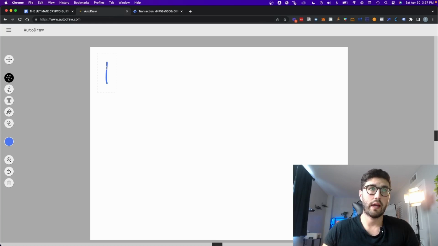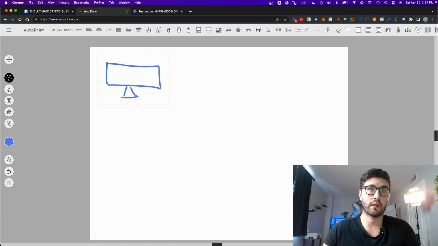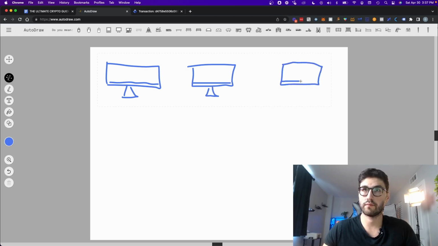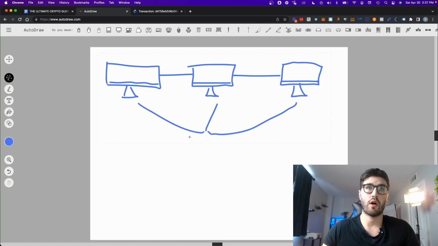So let's say that we have, I'm really bad at drawing things, this computer right here, and then we have this computer right here, and then we have this computer right here. And these computers all connect to each other because they use the same type of software.